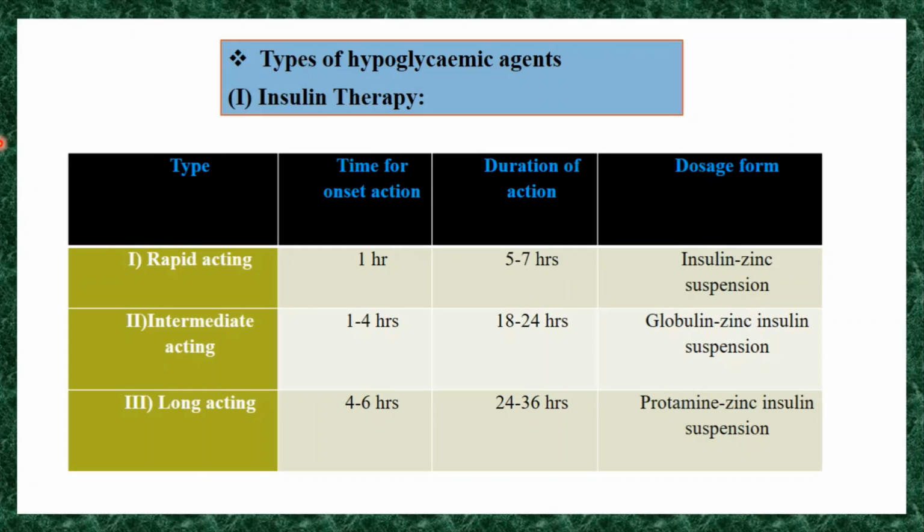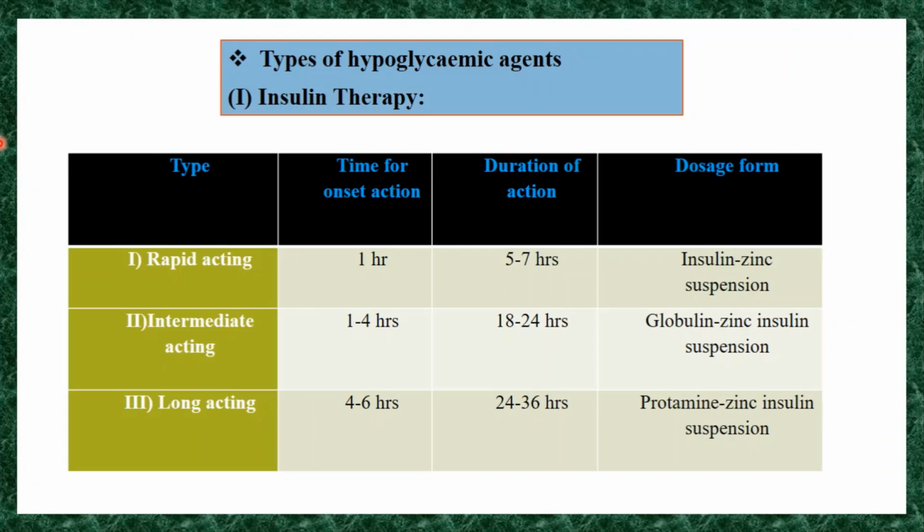This insulin controls hyperglycemia, the term in which the concentration of glucose increases in your blood. The role of insulin is to control the hyperglycemia in diabetes mellitus, and it is called a hypoglycemic agent. Insulin is given by injection through the subcutaneous route, and it cannot be given by oral route.